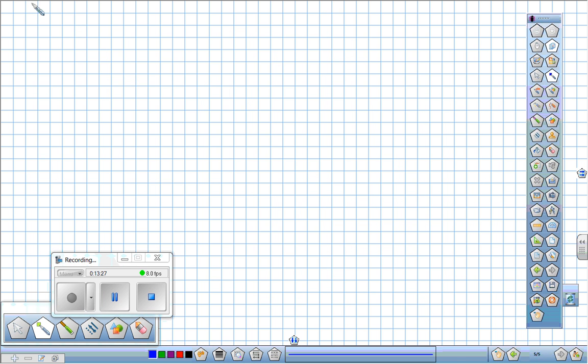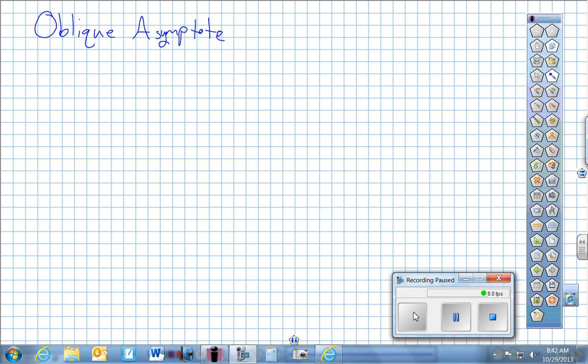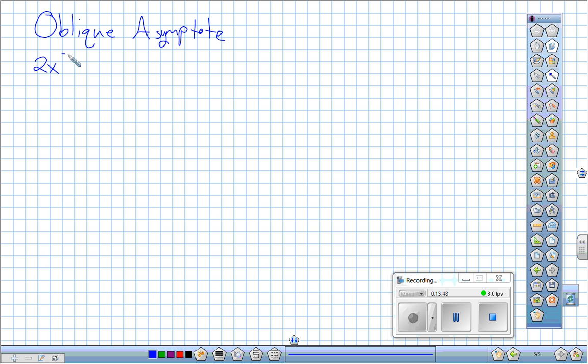And then we have what is called an oblique asymptote. And this is actually what happens when we have the degree of the top being bigger than the degree of the bottom.